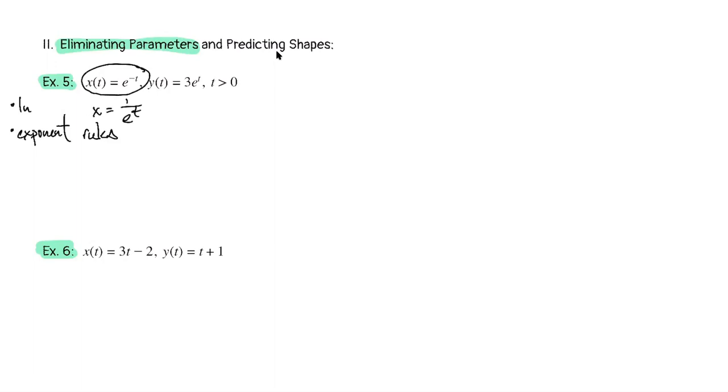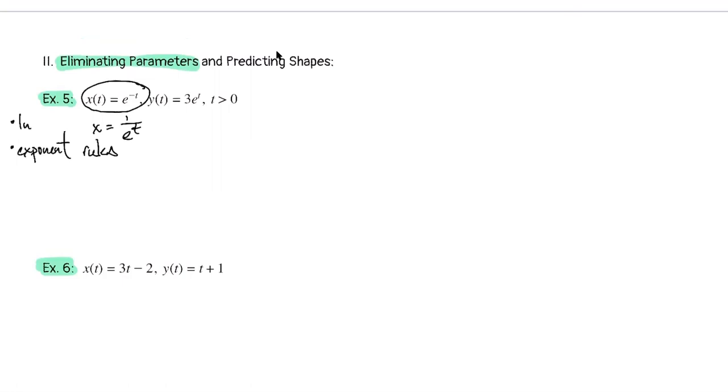All right, so let's do this. Let's try it both ways. Let's see what happens when we try and eliminate the parameters using natural log, and what happens if we use some exponent rules to simplify, okay? So natural log. If I natural log the first equation, I'm going to get natural log of x equals negative t, right?